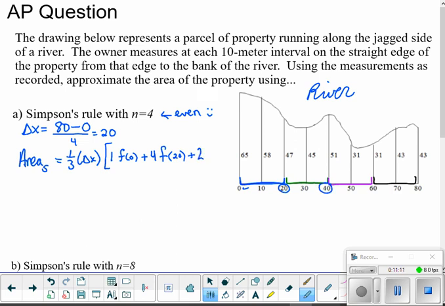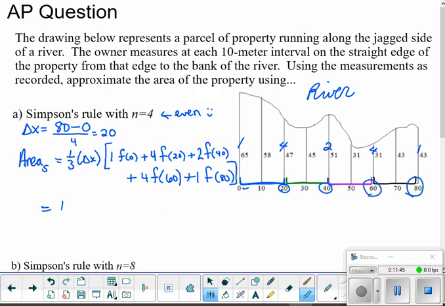Now I switch to 2 of f of 40. I need to extend down here, plus back to 4, because those alternate between 4 and 2, 4 and 2. And then finally, we're at our very end, and that only gets a 1 evaluation at 80. So what did we do? We had a 1, a 4 times that, a 2, a 4, and a 1.